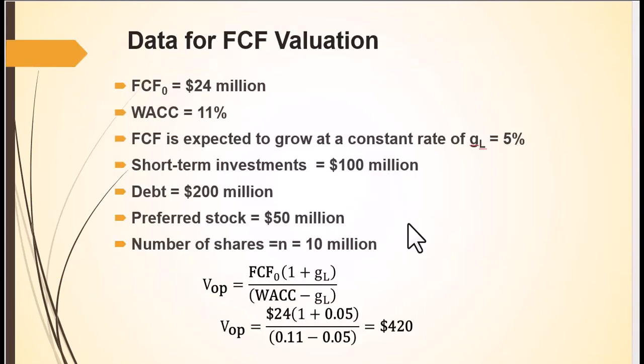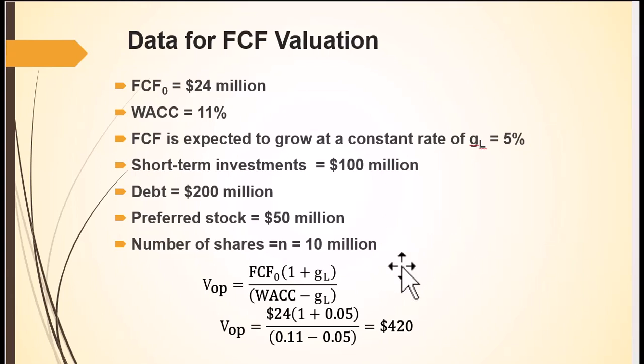So let's look at a company. The free cash flow is $24 million. Weighted average cost of capital is 11%. We think that the free cash flow is going to grow at 5% to infinity. We have some short-term investments of the company of $100 million, $200 million in debt, $50 million in preferred, and a total of 10 million shares of stock.